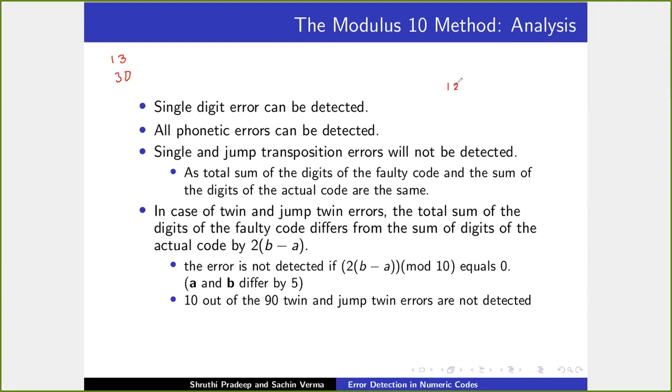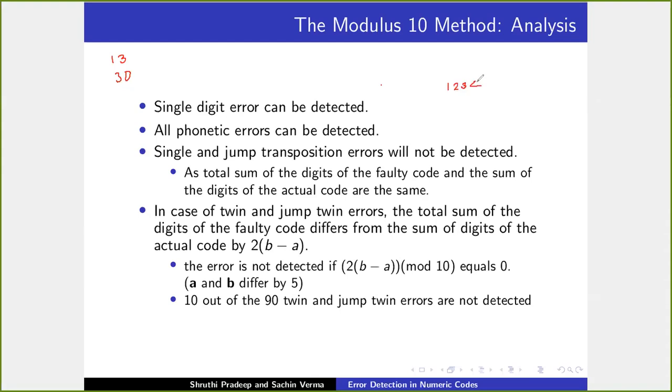Now think again for yourself: suppose two phonetic errors happened. My point is that you yourself check it. For example, 13 is replaced by 30 at one place in the entire number.